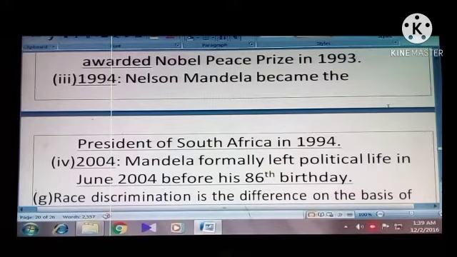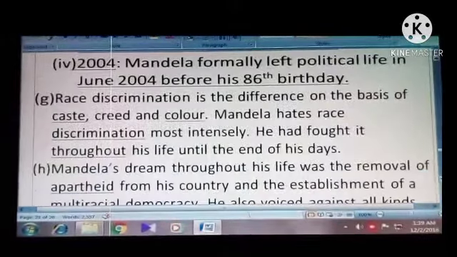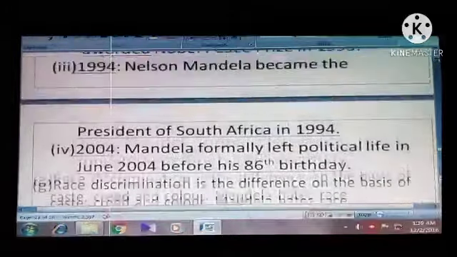Or we can write, 1994 refers to Mandela's becoming the president of South Africa. Number 4, 2004: Mandela formally left political life in June 2004, before his 86th birthday.